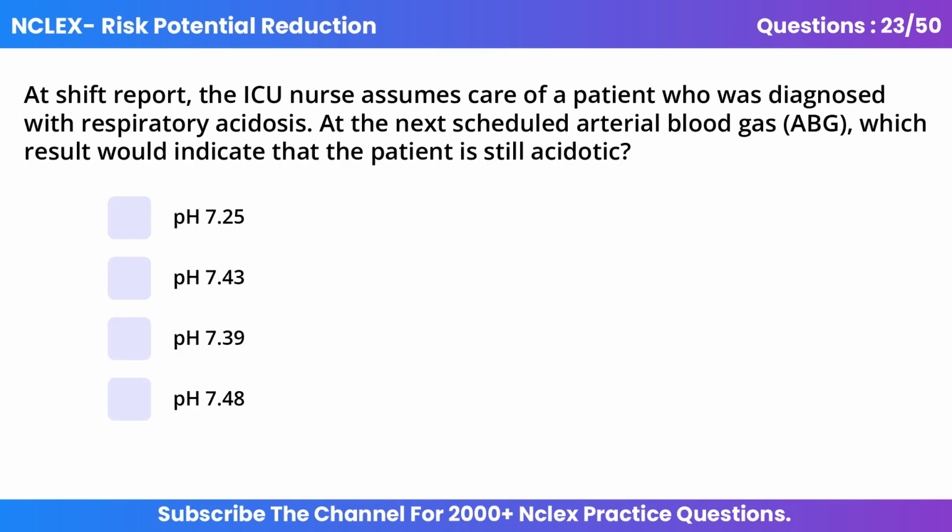Question 23. At shift report, the ICU nurse assumes care of a patient who was diagnosed with respiratory acidosis. At the next scheduled arterial blood gas, ABG, which result would indicate that the patient is still acidotic?